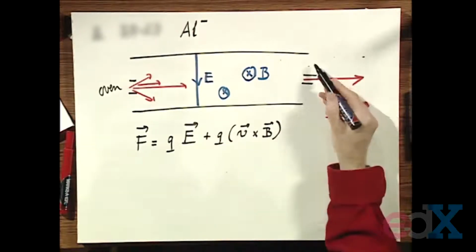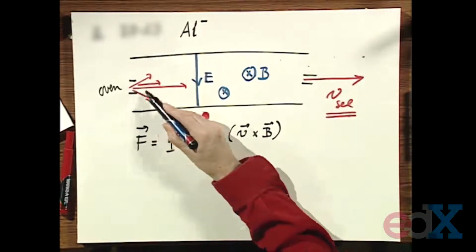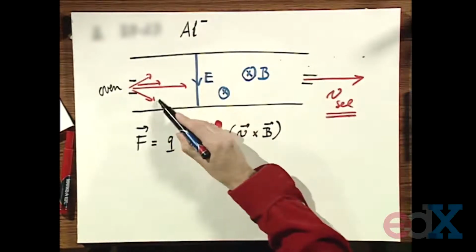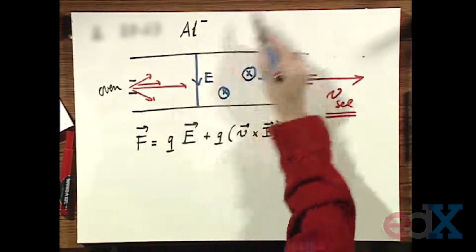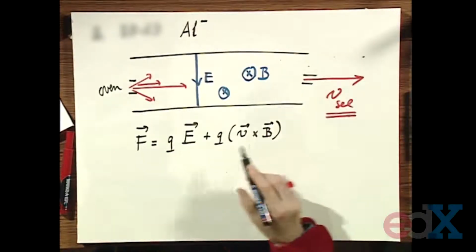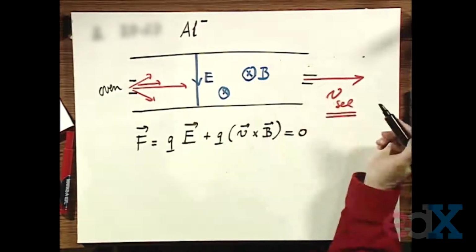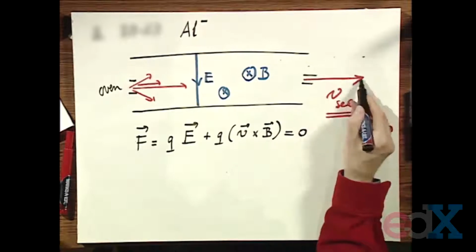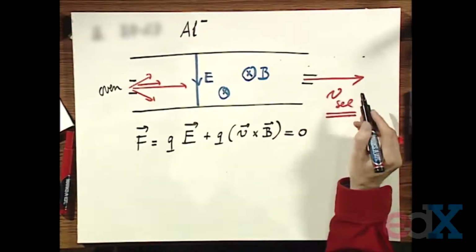If the force is not 0, but constant, then if they come in like this and the force is like this, they will make a parabola, or they will be accelerated in one direction. But if the net force is exactly 0, then they will go through undisturbed.